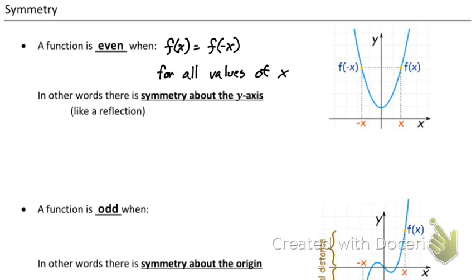The easy way to see if something is even is to see if it's reflected across the y-axis. That will make it an even function. If it's the same on the right-hand side of your y-axis as the left-hand side, you have an even function. In other words, there is symmetry about the y-axis. You can flip it and still see it. That is the long and short of even.